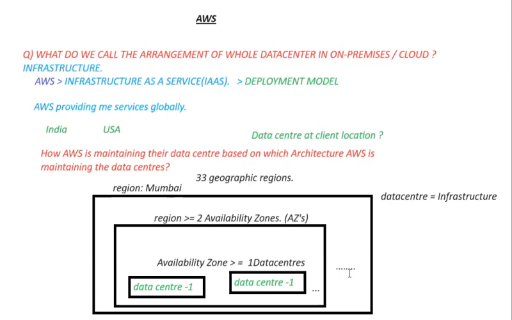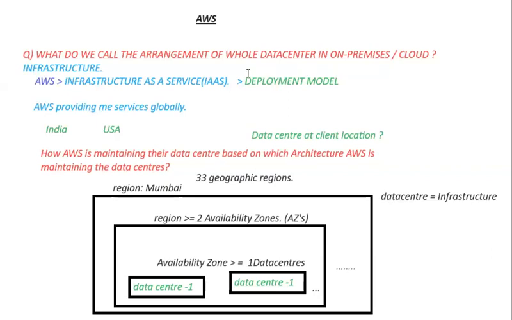So I have put "and so on" here. This availability zone has more than one data center. And these types of availability zones are present in a region. Globally, how many regions is AWS present in? 33 geographic regions.